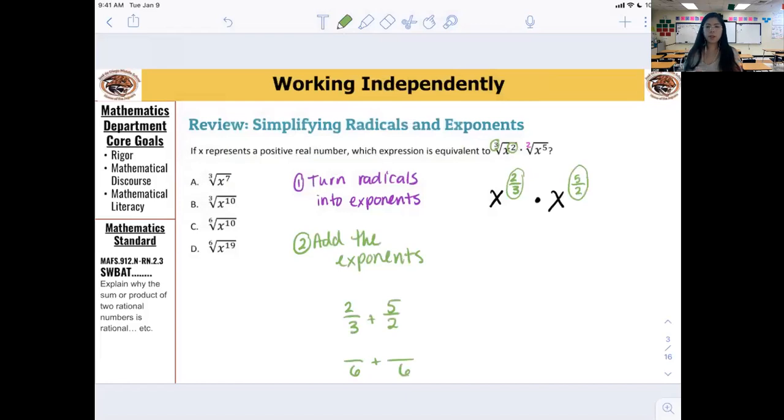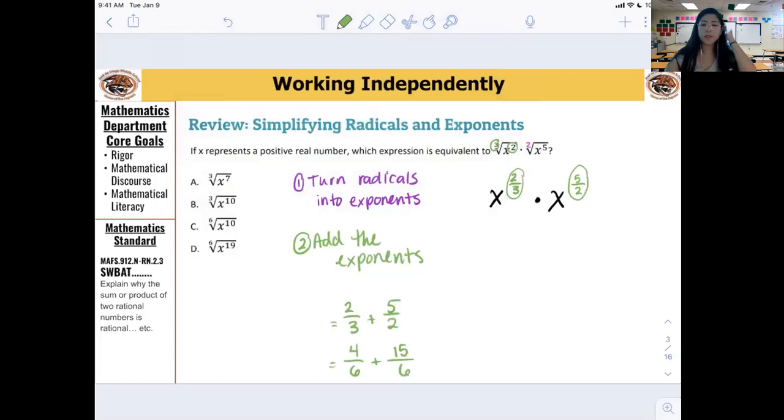So 2/3 becomes what? 2/3 becomes 4/6. And 5/2 becomes 15/6.